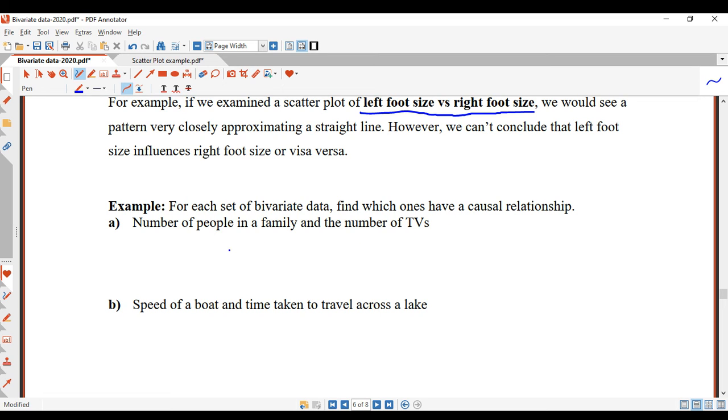Now, the number of people in a family and the number of TVs, does one cause the other? So if I've got 5 people in my family, does that cause me to have 5 TVs or 1 TV? I'd say no causal relationship there necessarily.